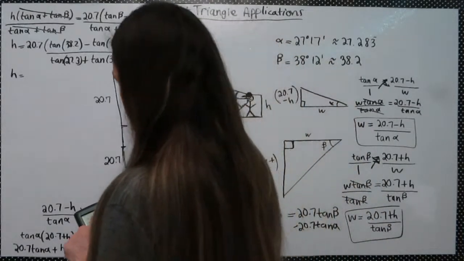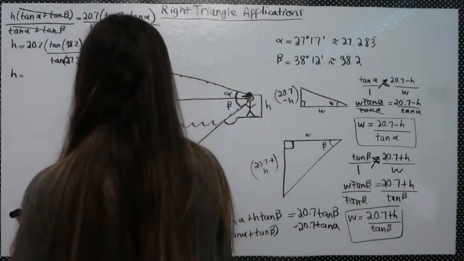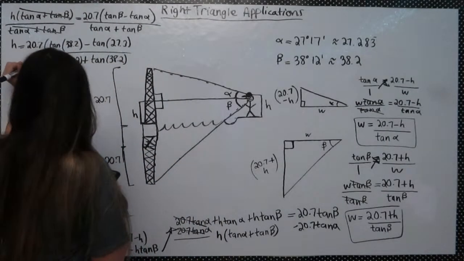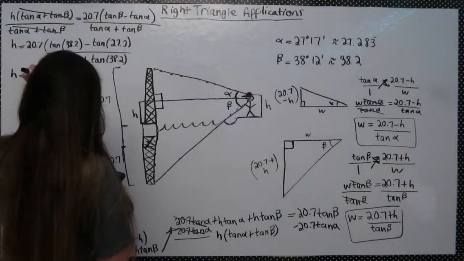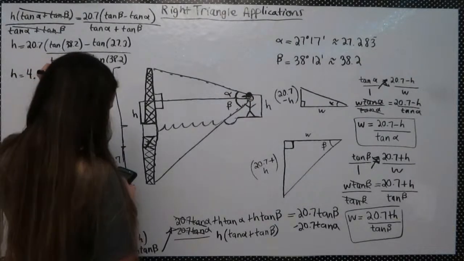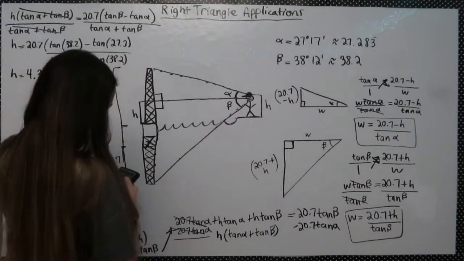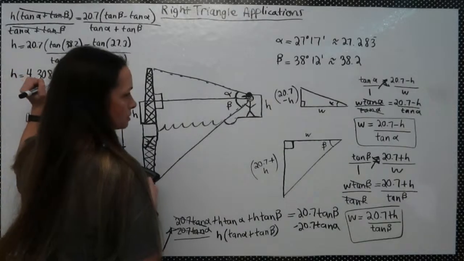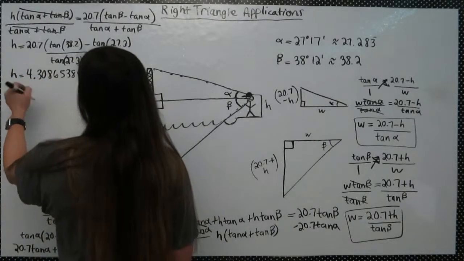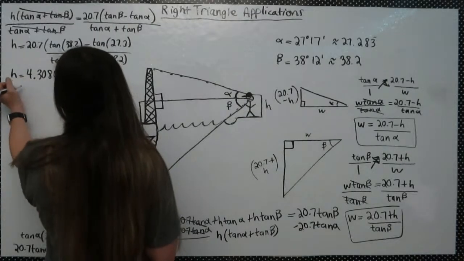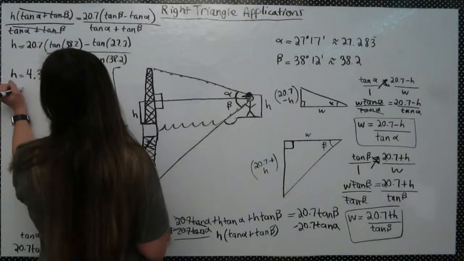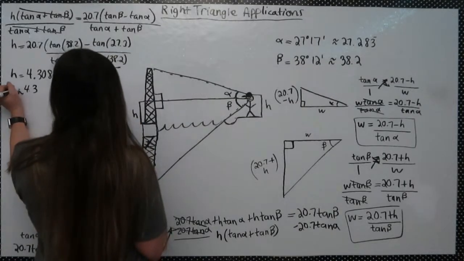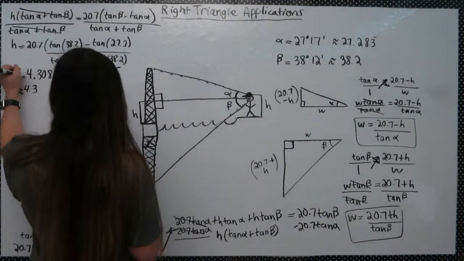I missed a parentheses in there, but regardless, you'll get 4.308653893. All right. So what we have here is the person's height is approximately 4.3. Okay, so we're just going to round it, and we really need to approximate that right there.